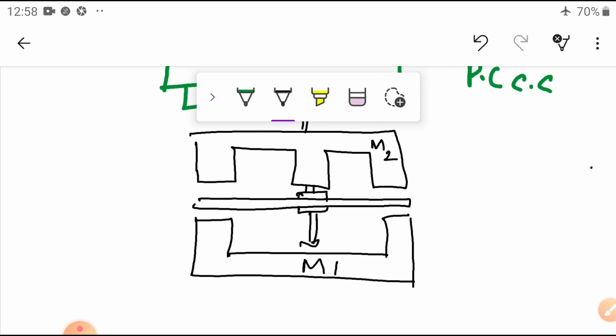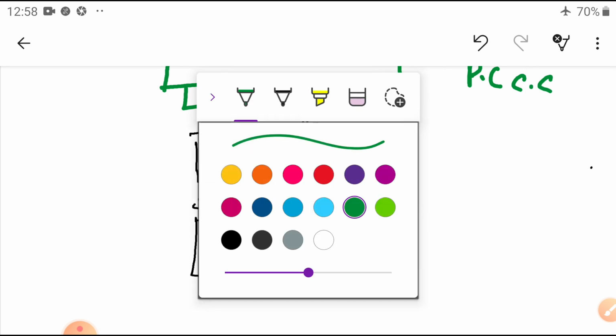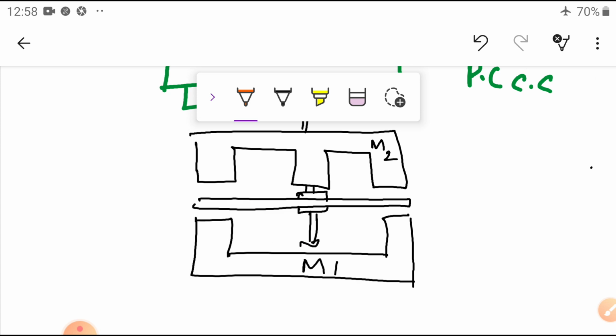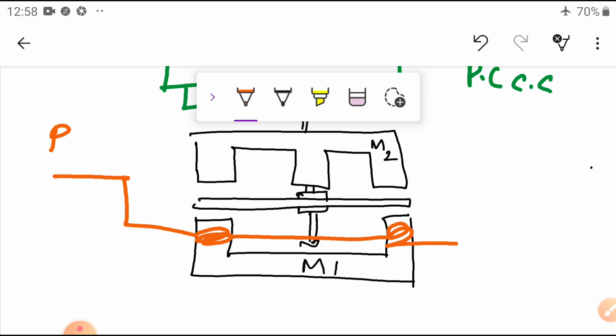Now the winding. Here the phase is coming, and the phase wire is connected first to a few number of turns, and coming here, there is a load connected.